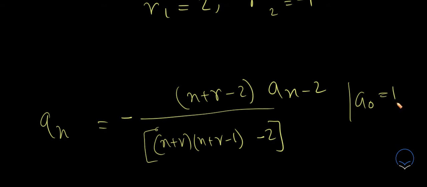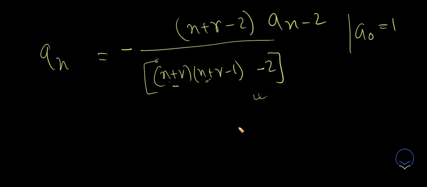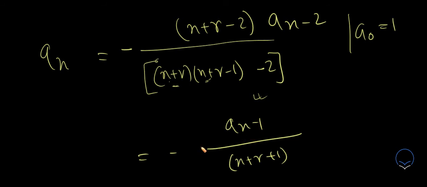Now, in fact this can be made even simpler, because you see these two terms are in multiplication with each other. What you can do is multiply these two sides and simplify the result. So if you simplify, what you'll have is that a of n is equal to minus 1 over n plus r plus 1 in the denominator, sorry, and you will have a of n minus 1 over here.